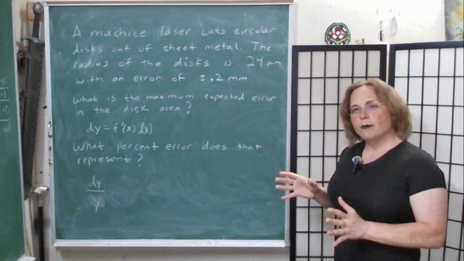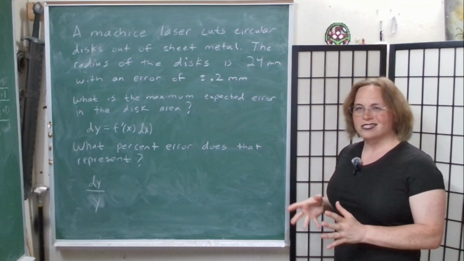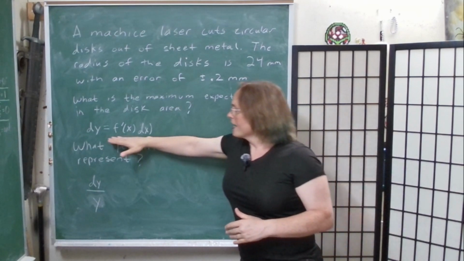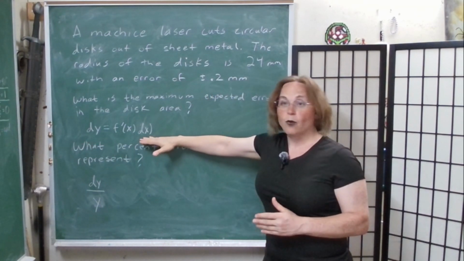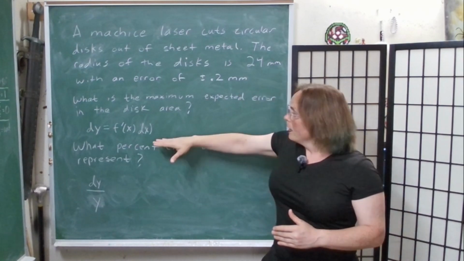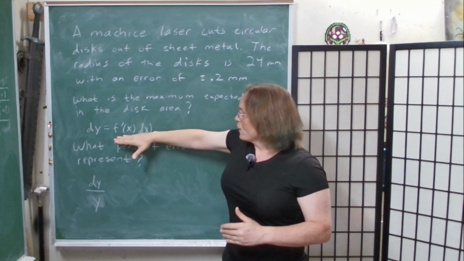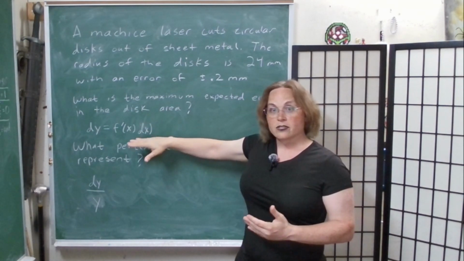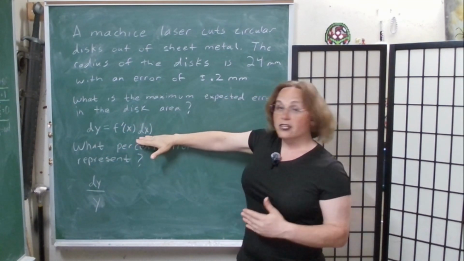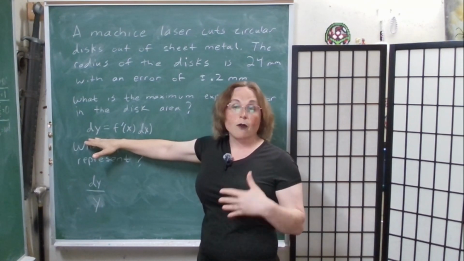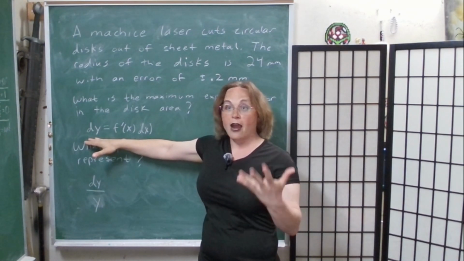Now, I've given a little bit more help before I set you on this than I usually do, in that I've gone ahead and given you a hint to what you should be doing here. You want to go ahead and find the derivative of the relationship between the area and the radius, and then dx is the change in the radius, and then of course that would get you the dy, which would be the change in the area.